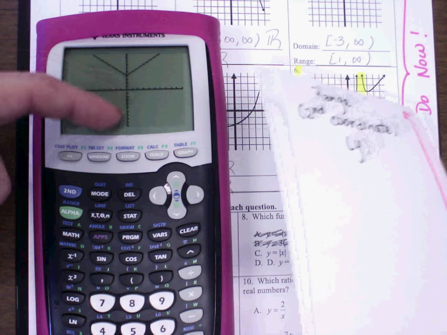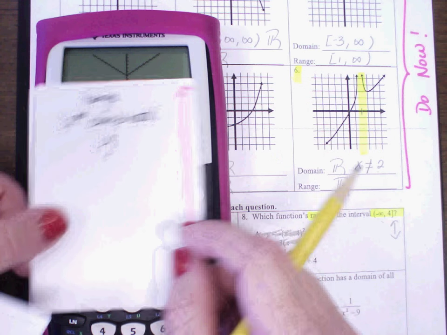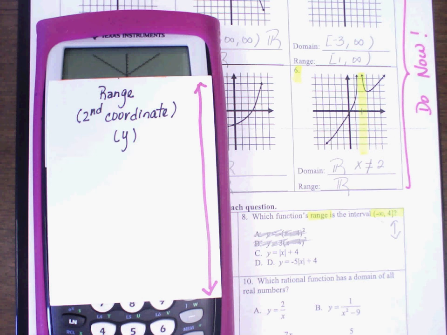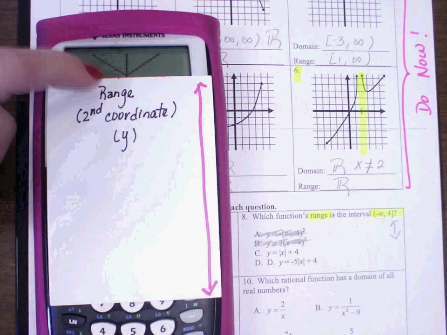Yes, you can see. Where is negative infinity? At the top or at the bottom? At the bottom. So yes, you can see. You don't need to see that. You just need to know that this is not negative infinity, that this is what? Positive infinity. So this is not it. So it has to be D.